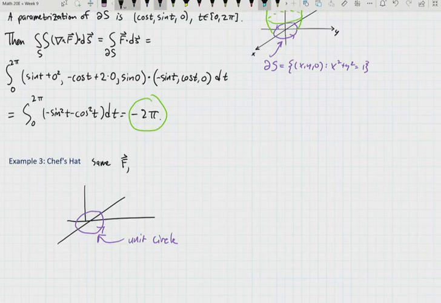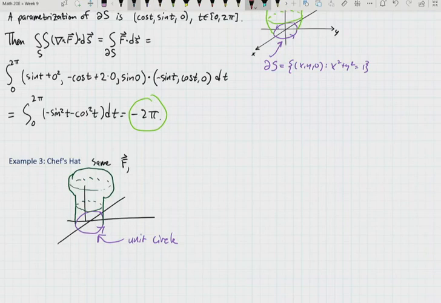Is this what a chef's hat looks like? A big puff, two puffs, one puff, two puffs. How about like that? It's got a big poofy part up here.